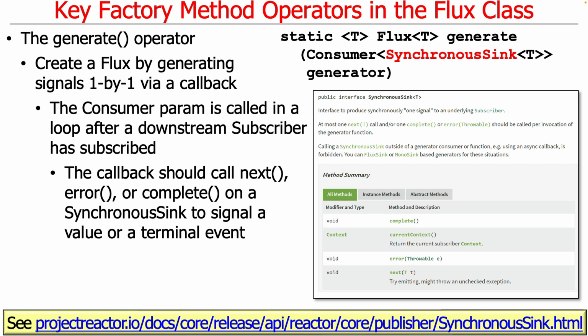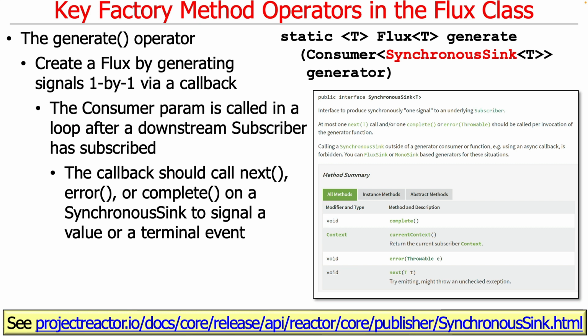The callback is going to be using something called a synchronous sink to emit signals. And it'll do this by calling the next, error, or complete methods on the synchronous sink in order to indicate the values that need to be propagated.